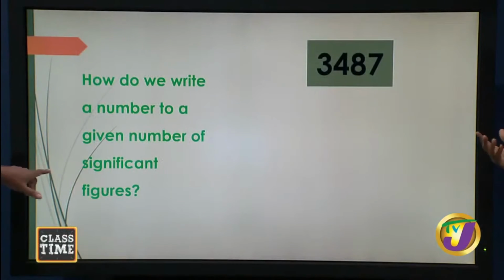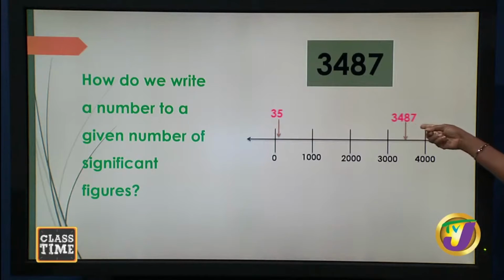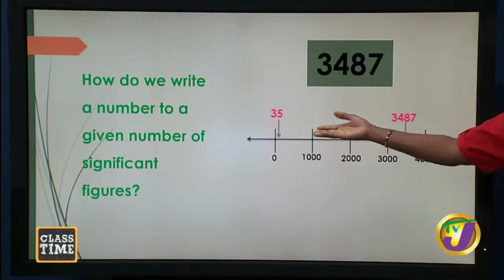Let's see what would happen if we put 35 on the original number and compare the estimate after we did the significant figures. Yes, that doesn't look right, because 3,487 down to 35 would not be a good estimate.